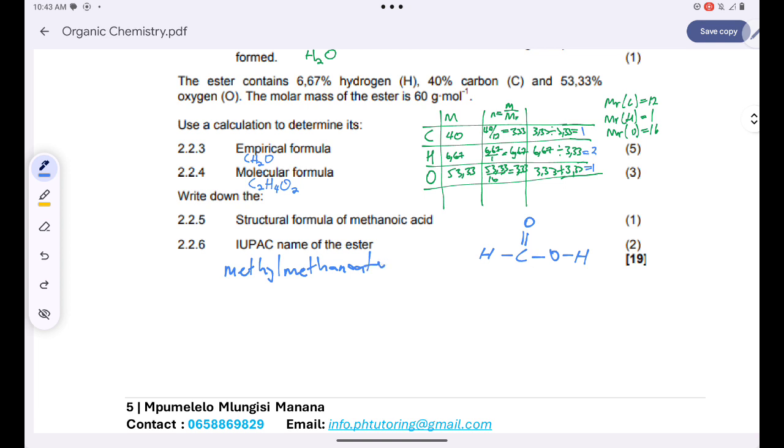How do I know that? I only have 2 carbons. That means it must be like this, and like that. So the IUPAC name of the structure is just methyl methanoate.